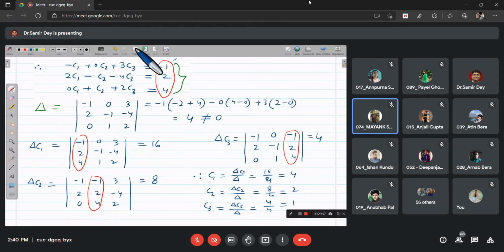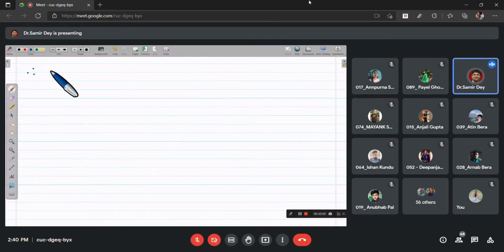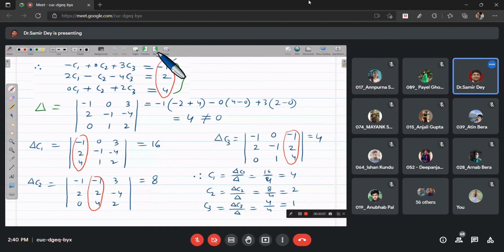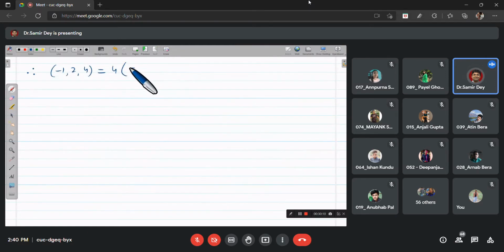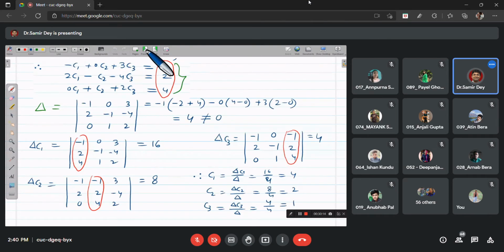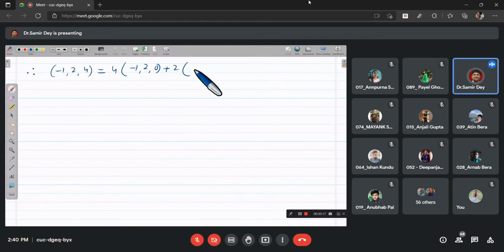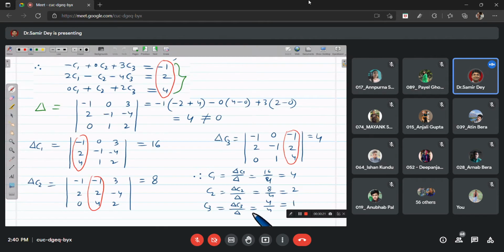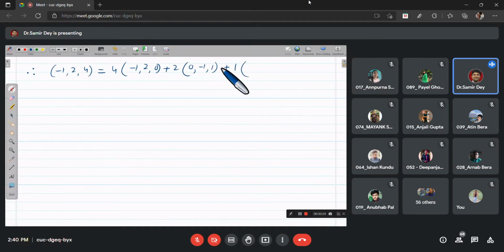Now you can write, therefore, minus 1, 2, 4 is equal to C1 times the first vector. C1 is equal to 4. What is the vector? Minus 1, 2, 0, plus C2 is 2 times the next vector, that is 0, minus 1, 1. And C3 is 1 into the next vector, that is 3, minus 4, 2. Are you getting my point?